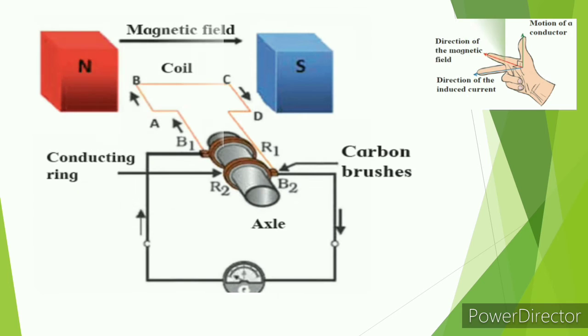Now, according to Fleming's right-hand rule, electric current is induced in the branches AB and CD, and the direction of the current is from A to B and C to D. So the current flows in the circuit A, B, C, D. This is the direction of the current. In the external circuit, the current flows from brush B2 to brush B1 through the galvanometer.